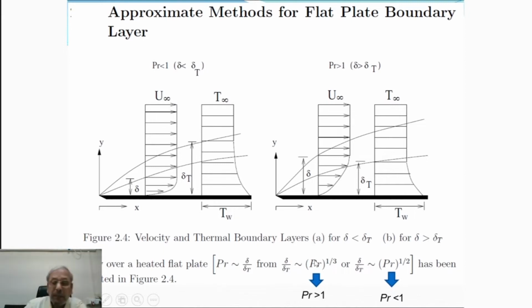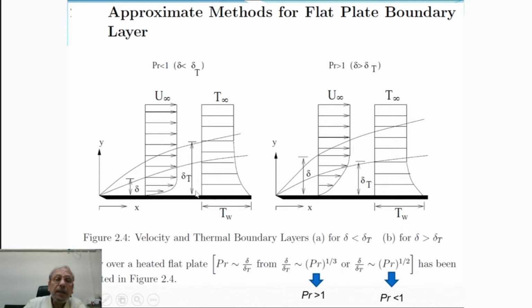If Prandtl number is greater than 1, delta by delta T, that is velocity boundary layer divided by thermal boundary layer, the two boundary layer ratios are proportional to Prandtl number to the power 1/3. And if Prandtl number is less than 1, then delta by delta T is proportional to Prandtl number to the power half. So this is the basic consideration.